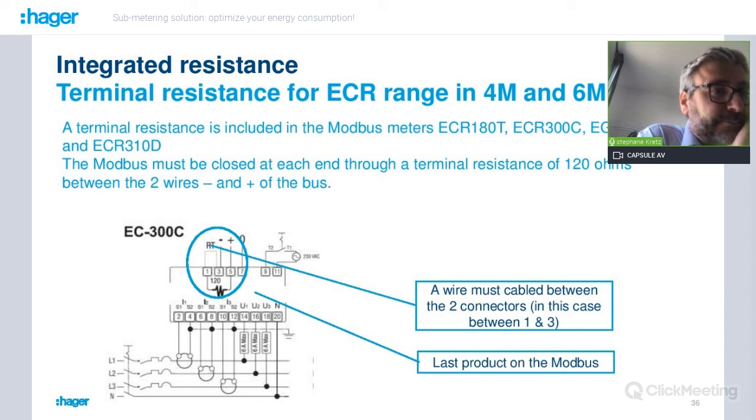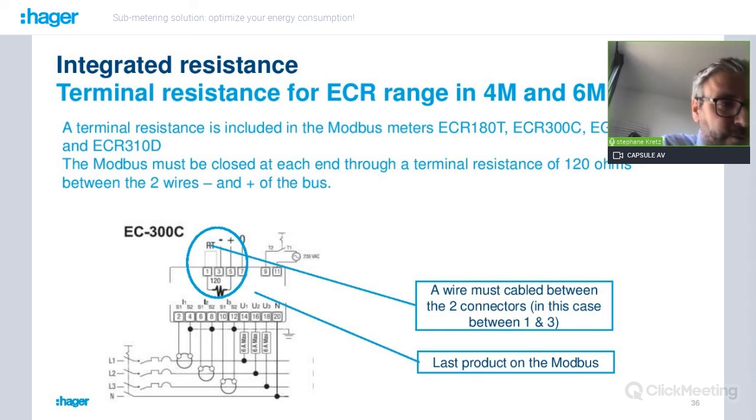This is a resistor that you have to put only at the end, on both sides. On our product, and here we are going into more technical details, the resistor is integrated into our 3-phase meters. So if you only connect with a connector between 1 and 3, you make this connection.